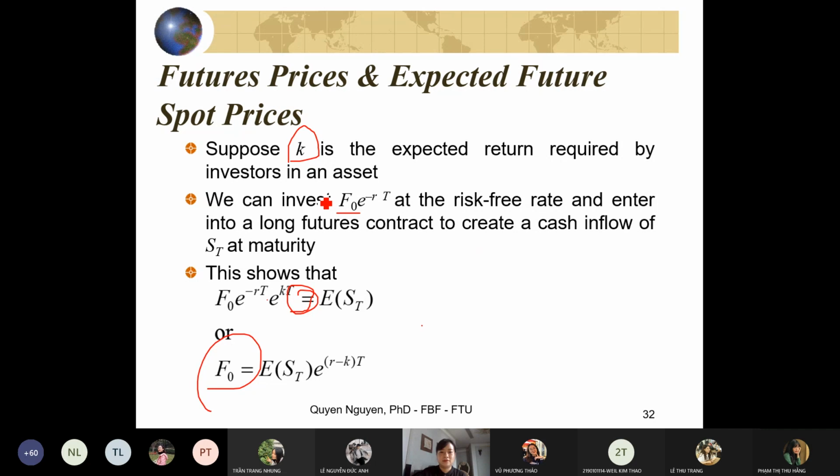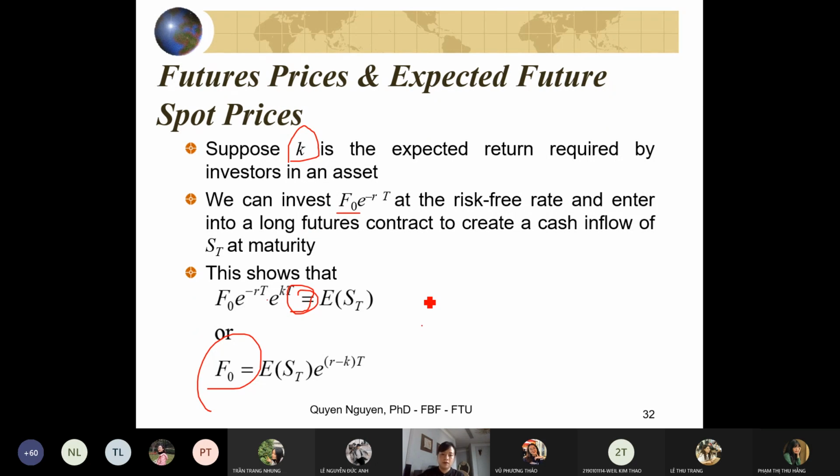Again, okay, cảm ơn. This is just to explain that sometimes we want to compare, if the investors have the required rate of return, and we want to take into consideration both the risk-free rate and the expected rate of return.